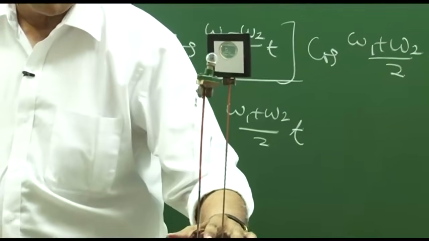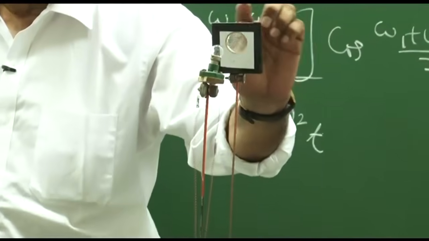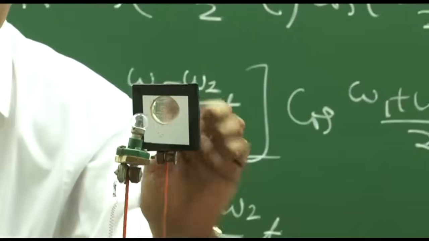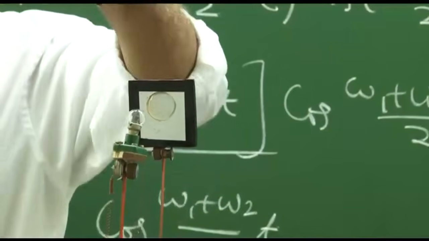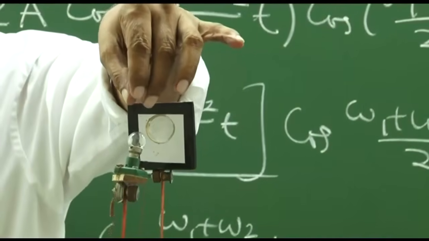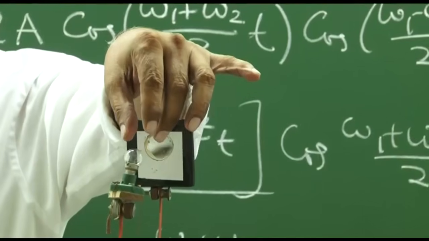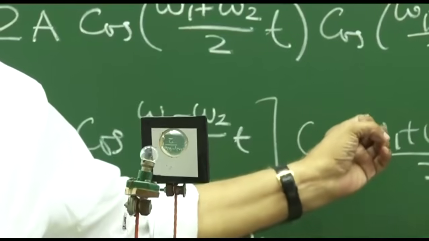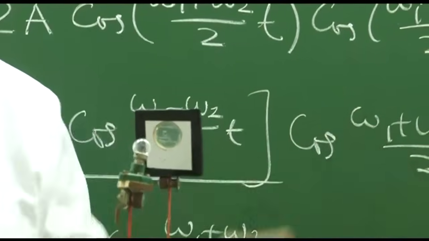On another hacksaw blade we have fixed this frame, and in this frame you can see a convex lens. When the bulb is put on, light will fall from the bulb to the lens, and then it will make an image on this board.